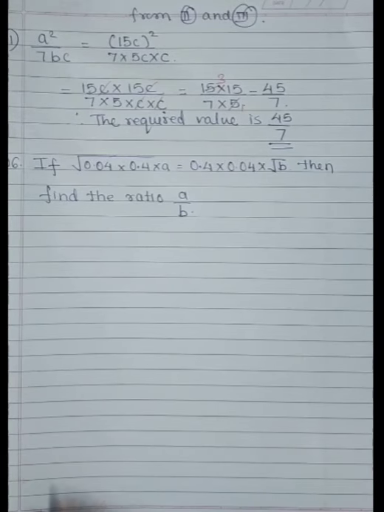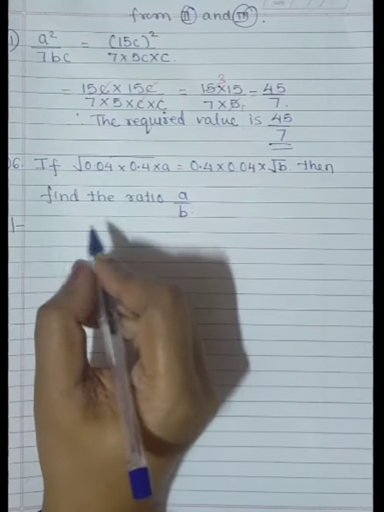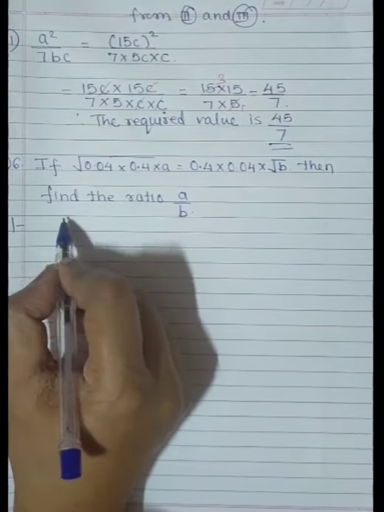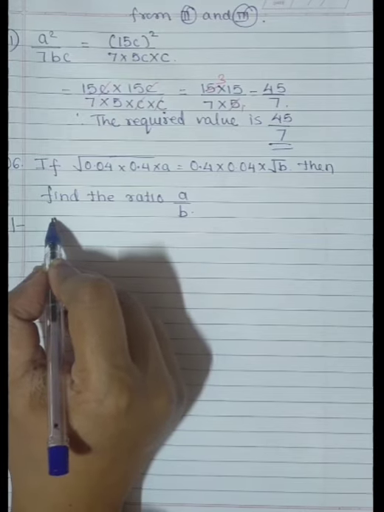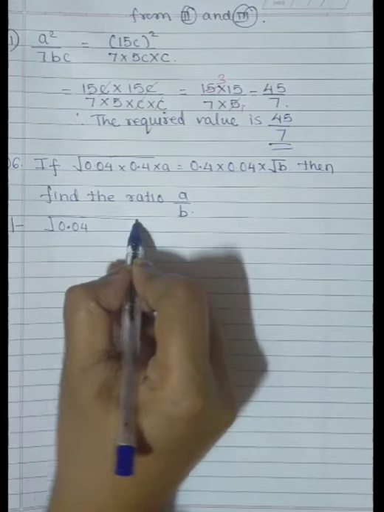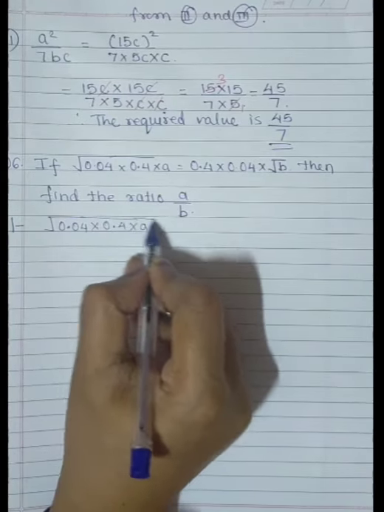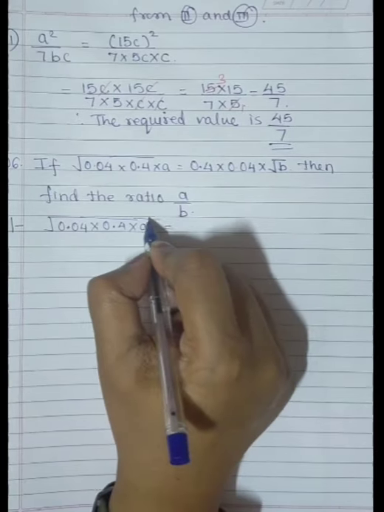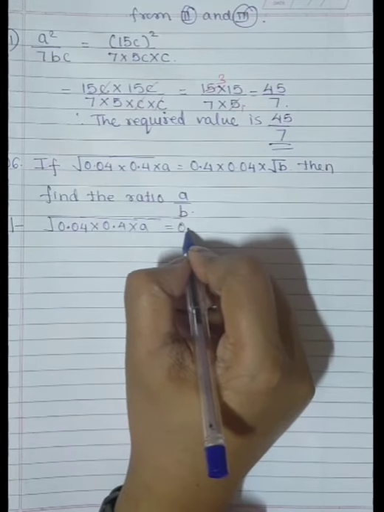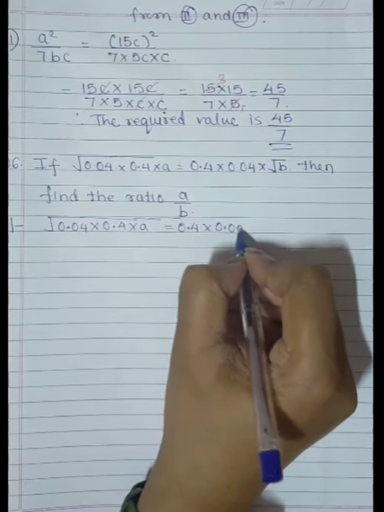Now this is our question. Now I am writing the solution, that is root 0.04 multiplied by 0.4 multiplied by a is equal to 0.4 multiplied by 0.004.